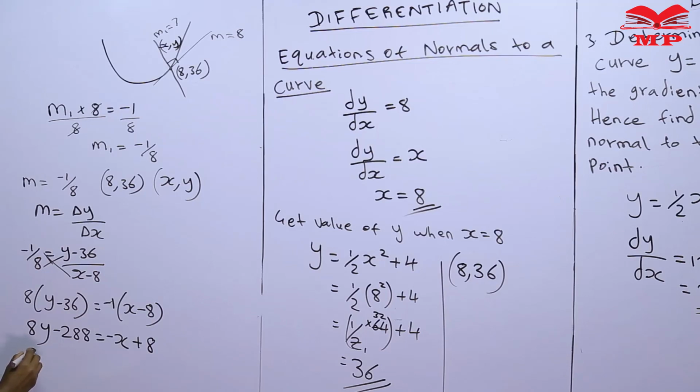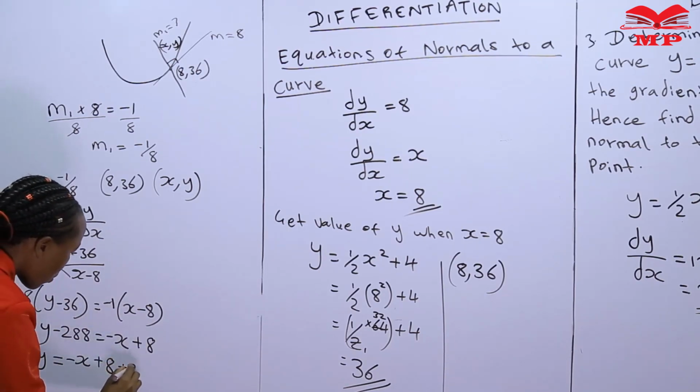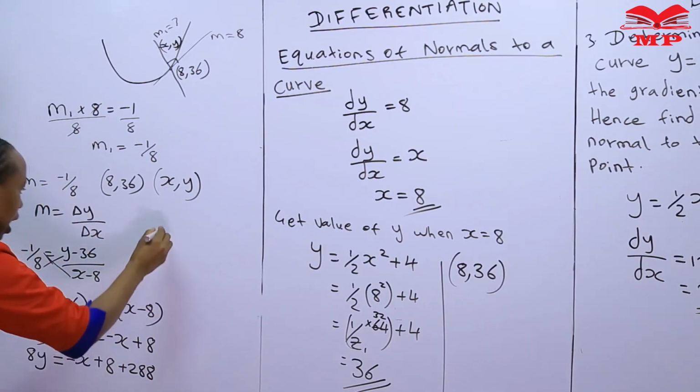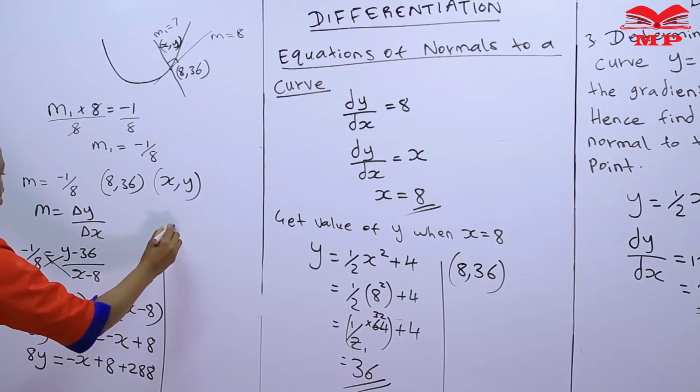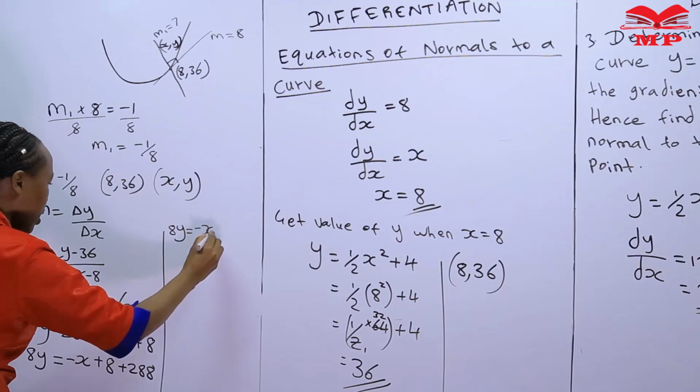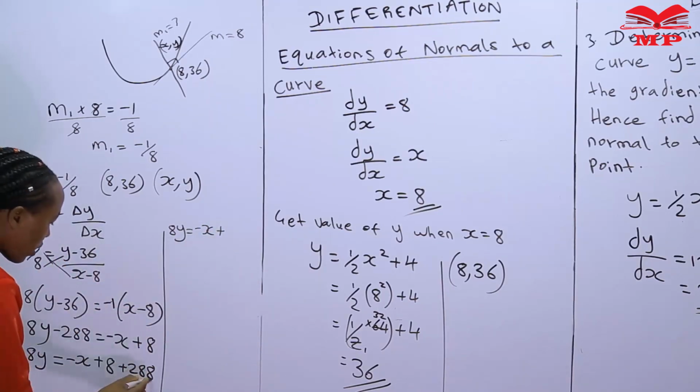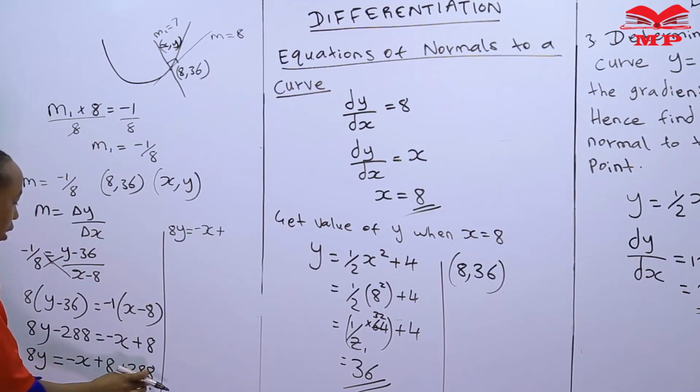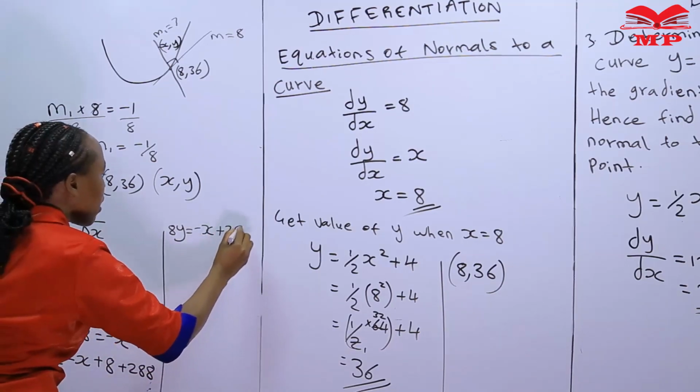So we have 8y is equal to -x plus 8. When we take 288 to the other side, we'll have plus 288. And therefore, it simply means that our 8y is equal to -x plus 288 plus 8, that is 296.